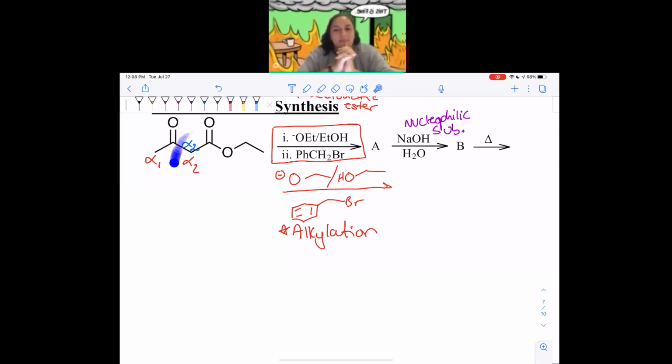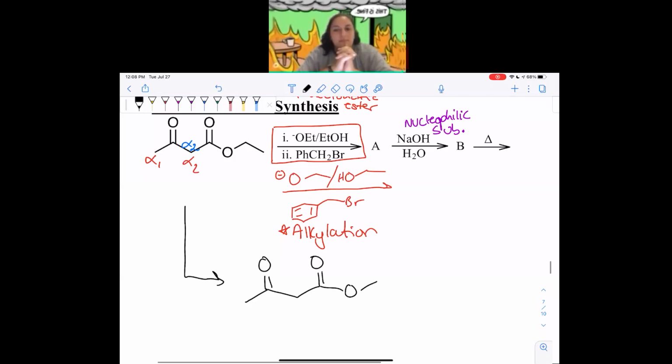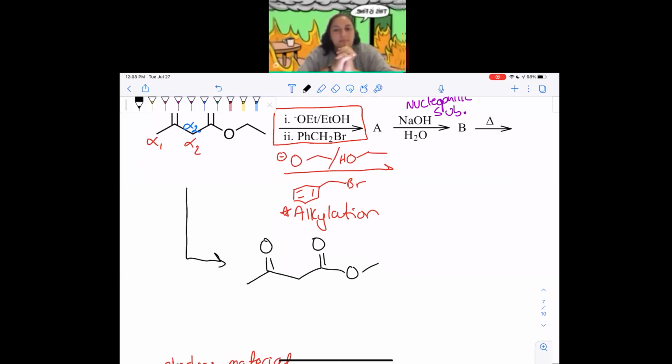So yeah, alpha 2 is going to be replaced because this spot is super acidic. It's super acidic because it's alpha to both of these guys. So in the first step, we're going to replace the middle hydrogen with our alkyl group.